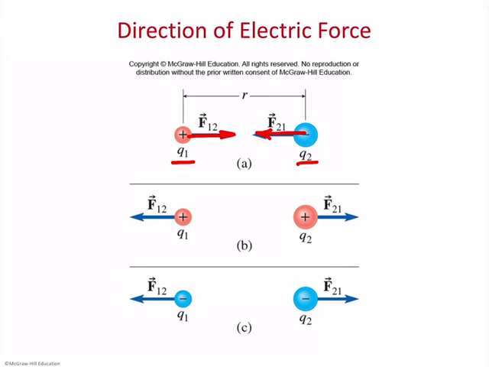This is really like a comma: it's the force of charge 1 due to charge 2, and then the force of charge 2 due to charge 1. And then it's showing two positives and two negatives repelling each other.